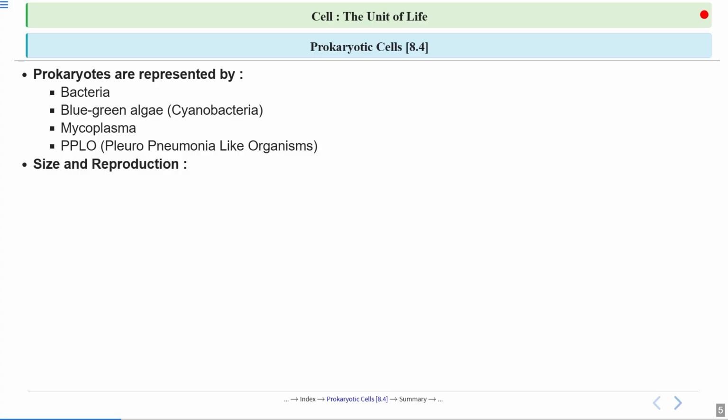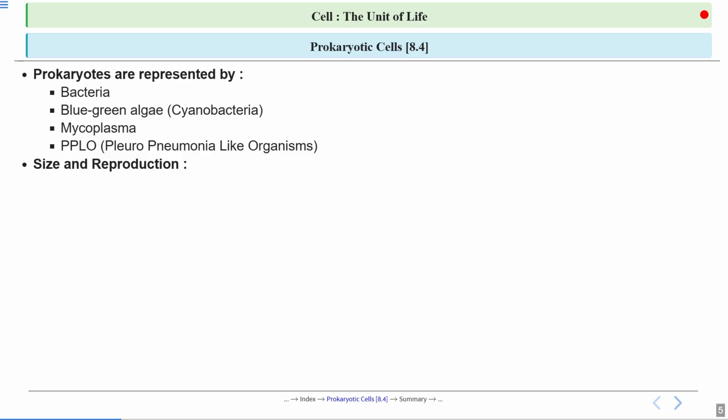Now let's talk about the size of the prokaryotic cell and how prokaryotic cells divide, or how they reproduce. Reproduction is not just producing progenies or offspring. When a cell divides into two cells, this is also a kind of reproduction.